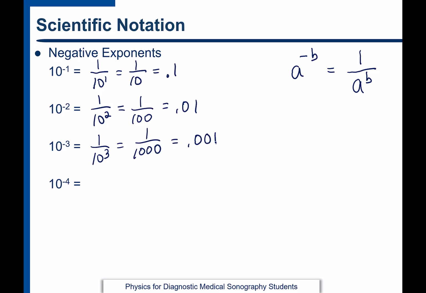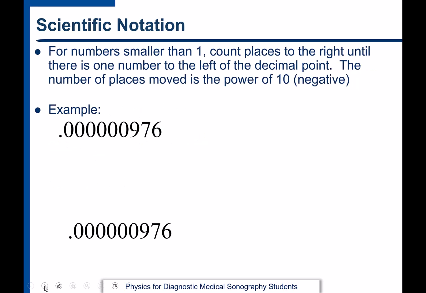And once again, you can see how we're going to have something that allows us to use a shorthand notation for writing very small numbers. Okay, so let's use this concept now and see how we can write small numbers in scientific notation. All right, so first I'll go through the concept and then we'll look at the rule that's on the slide.